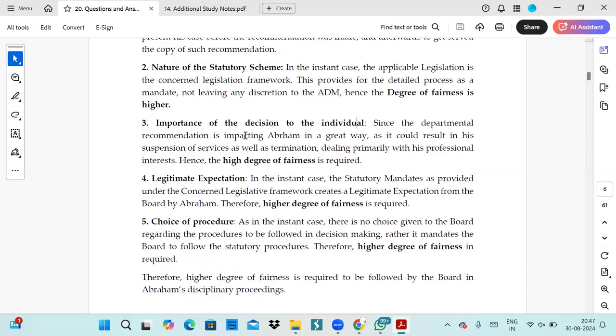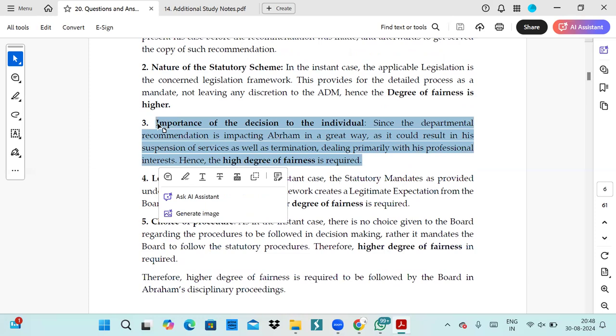Then the importance of the decision to the individual. Again, here suspension is leading to termination and also dealing with his professional interest. So the degree has to be higher because it relates to a job. Of course, this is nowhere written in our syllabus in a direct way. But out of what we had learned in the syllabus, we should understand this much.